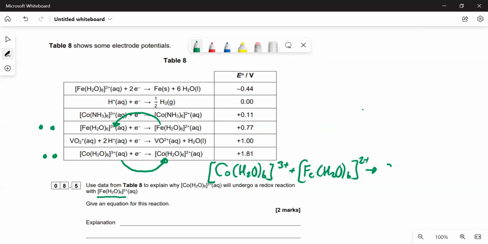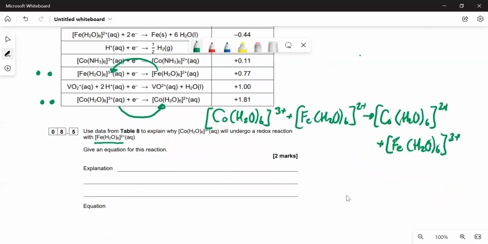So the cobalt's going to become 2 plus. And the iron is going to be oxidized to the 3 plus oxidation state. Okay, so that is that there.